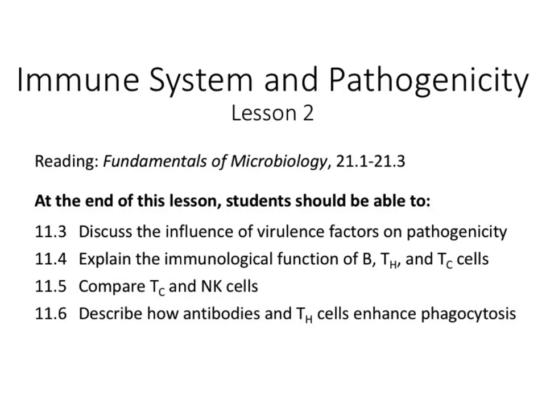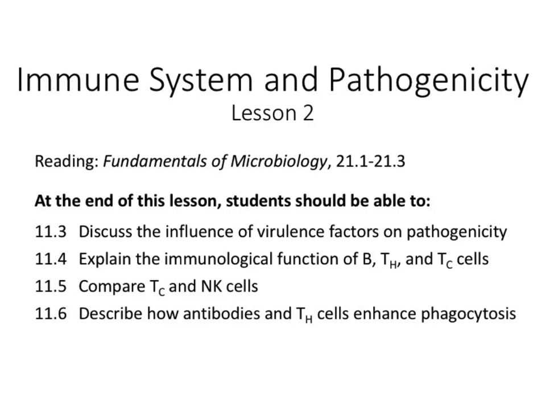These can be really good study tools for the final exam, particularly for these 2 objectives. Explaining the function of B, T helper, and T cytotoxic, and then comparing NK with T cytotoxic as well. So I want to start with 11.5.